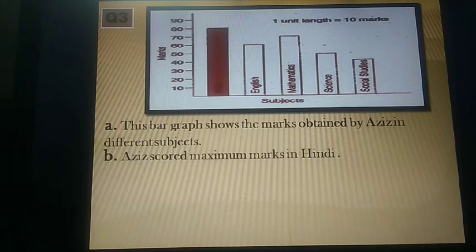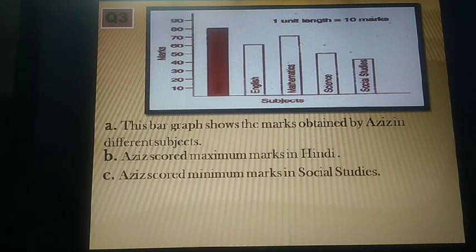Name the subject in which he has scored minimum marks. So minimum length bar is of social studies. So we can write Aziz scored minimum marks in social studies. Next is state the names of the subjects and marks obtained in each of them.